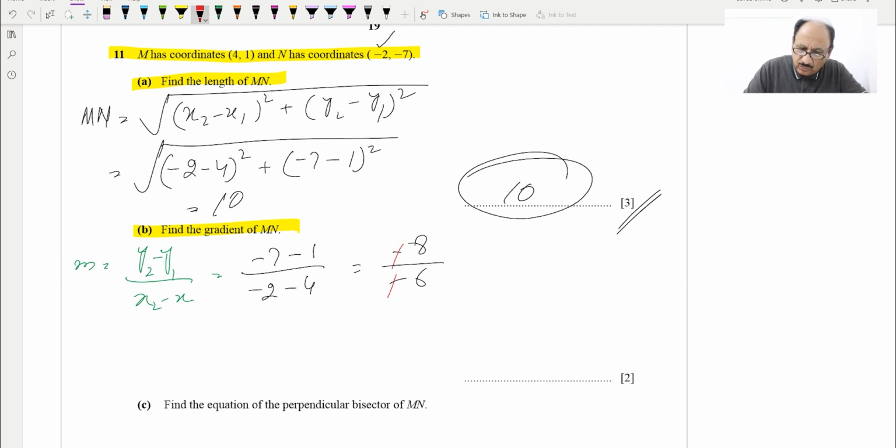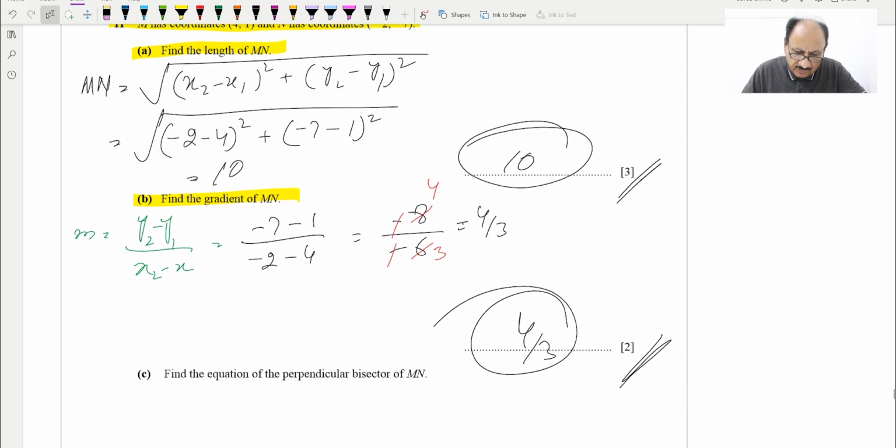Minus is gone, so 2 3s are 6 and 2 4s are 8, so the gradient will be 4 by 3. 4 by 3 will be our answer because we are supposed to find the gradient, and this is for 2 marks.